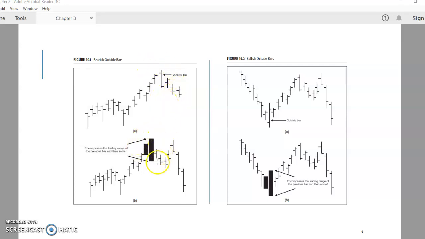Okay, so this figure, try to draw the full bar. If you remember this type of pattern, we can see this in the candlestick chart pattern. Whenever you see this type of candlestick pattern, it is called an engulfing pattern, where the latest bar overcomes the previous one.